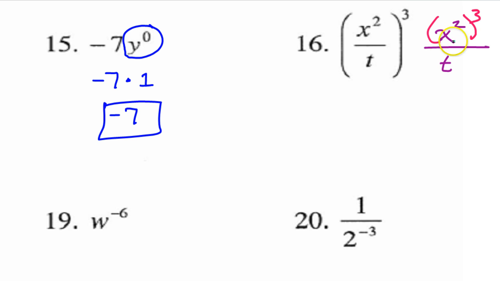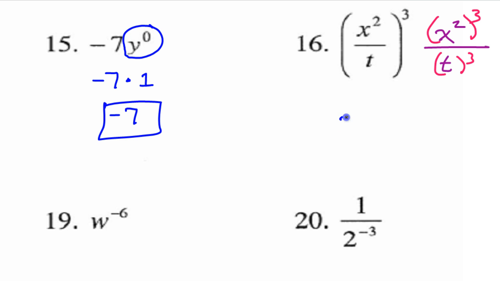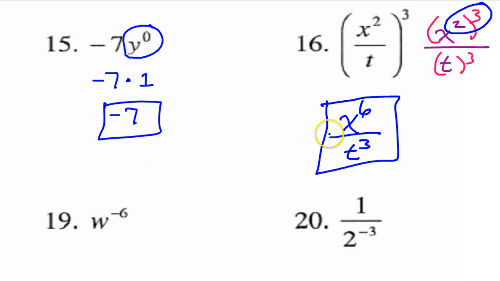So x squared to the third power and t to the third power. We'll just raise the numerator and the denominator to the third power separately. So that is going to give us x to the 6th power over t to the 3rd power. Alright, power to power, you multiply. So that's number 16.